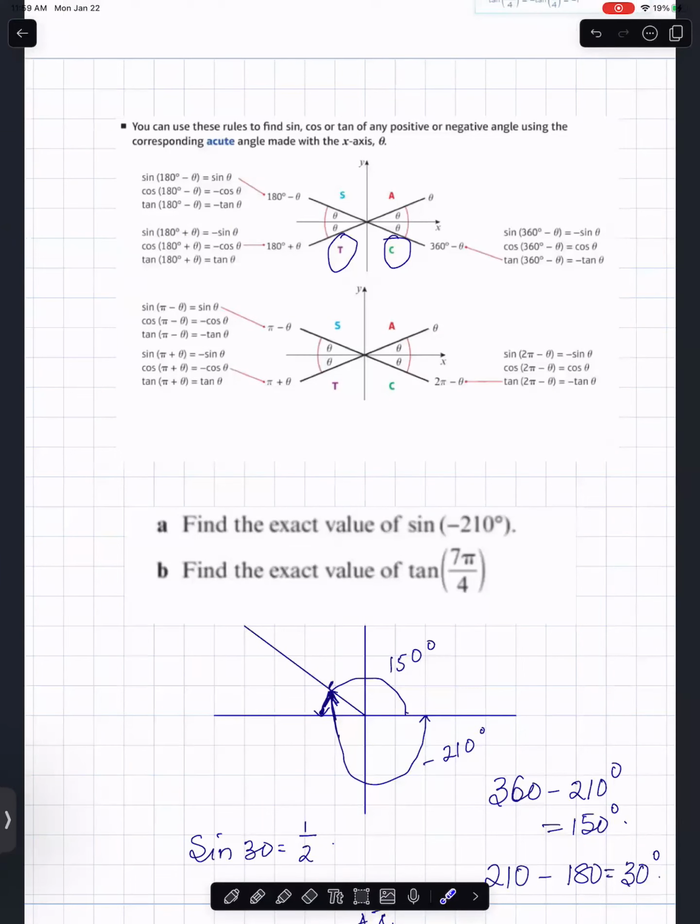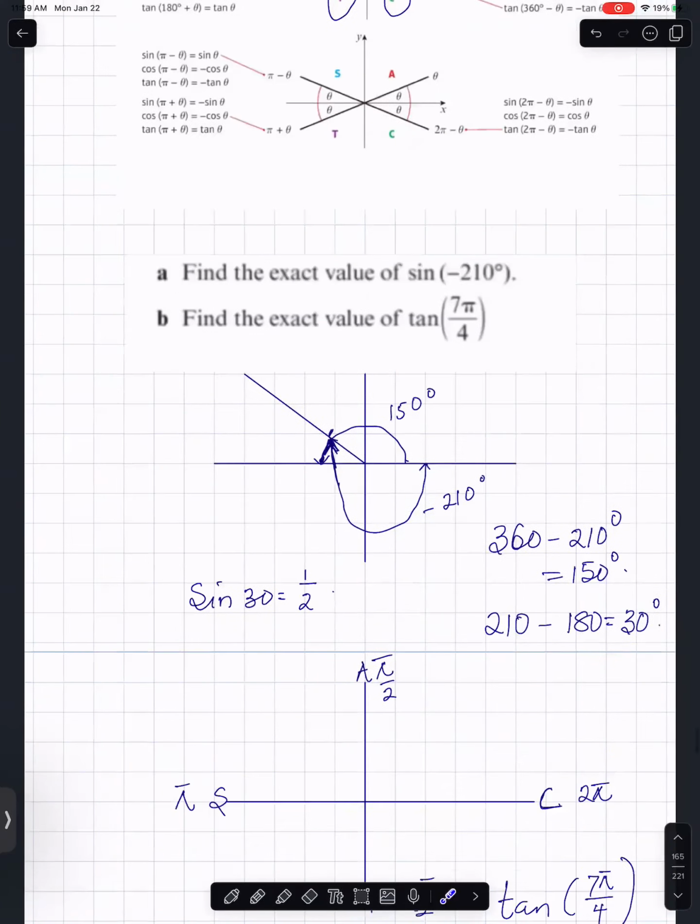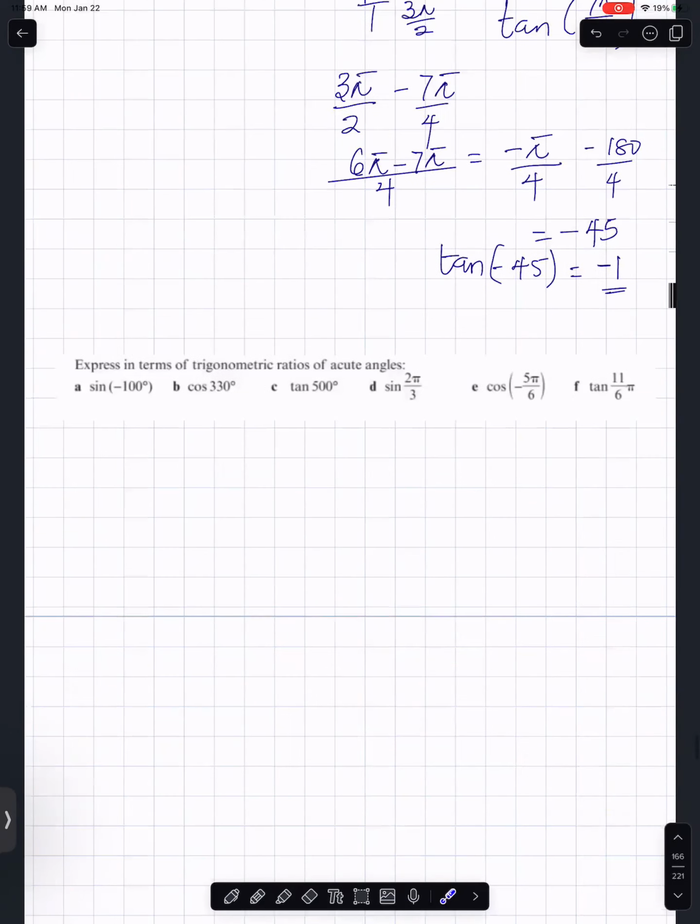So we are looking for the negative sine theta of that. That means I have 180 minus 100 degrees, so we have 80 degrees. You can draw the angles for that.